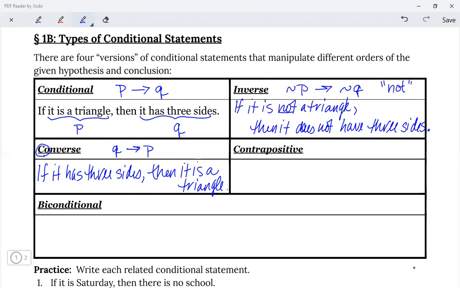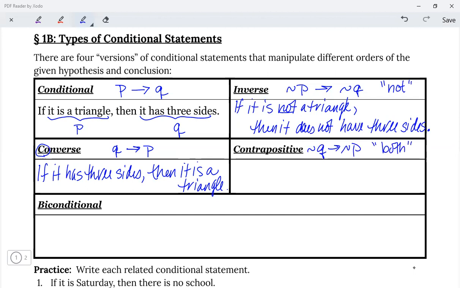Next one is contrapositive. So contra and positive, if you kind of take the word apart, it tells you what you're doing. You're doing contra, kind of the nots, and you're also kind of switching things around. So in symbols, this is not Q, arrow, not P. I like to think of it as I'm doing both. I am doing both a change order and a negation, or throwing a not into those statements.